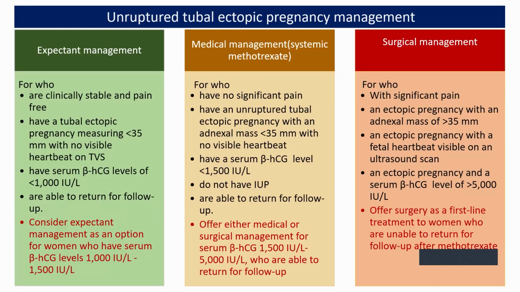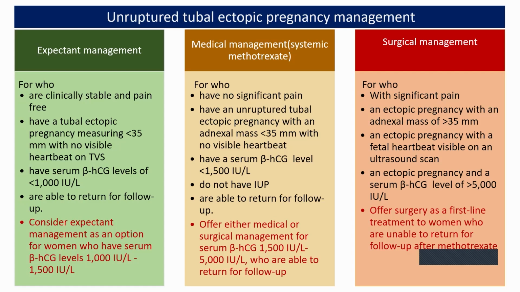In the surgical management, we can either go for open surgery, laparotomy, or a laparoscopic surgery, to sort out the ectopic pregnancy. So the surgical modality can be either a salpingectomy, meaning that we remove the tube, or salpingotomy, that means we open up the tube and try to remove the products of conception. I will come to that part later, but in a hemodynamically unstable patient, the management is always surgical.